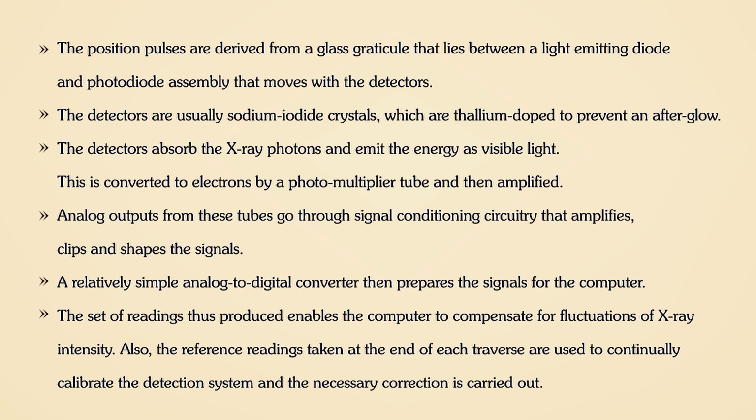The set of readings thus produced enables the computer to compensate for fluctuations of X-ray intensity. Also, the reference readings taken at the end of each traverse are used to continuously calibrate the detection system, and the necessary correction is carried out.